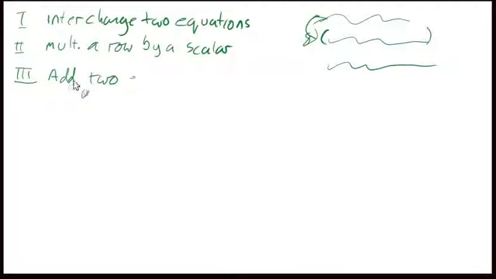So add two equations slash rows together. I can add them as they look when they give them to me. I can multiply this one and add it to this one. Whatever suits me, I can do that.